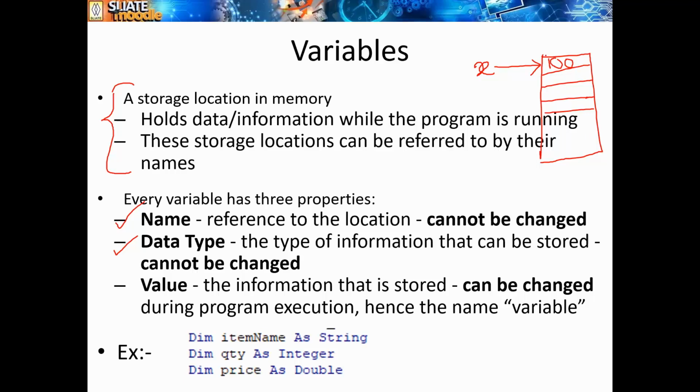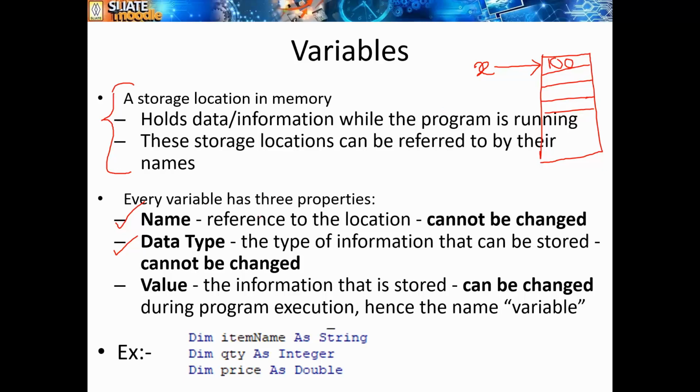So based on the data type we are going to use, we will have to give a proper name. There are a set of data types available in VB, and other programming languages also have their own data types. When we are learning VB6, we are going to learn about whatever data types are available for VB6.